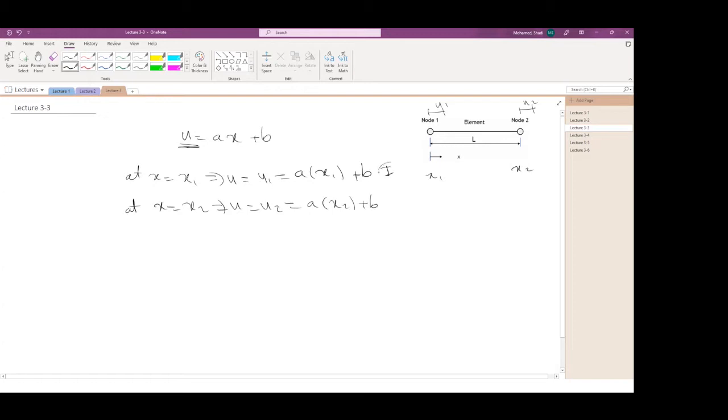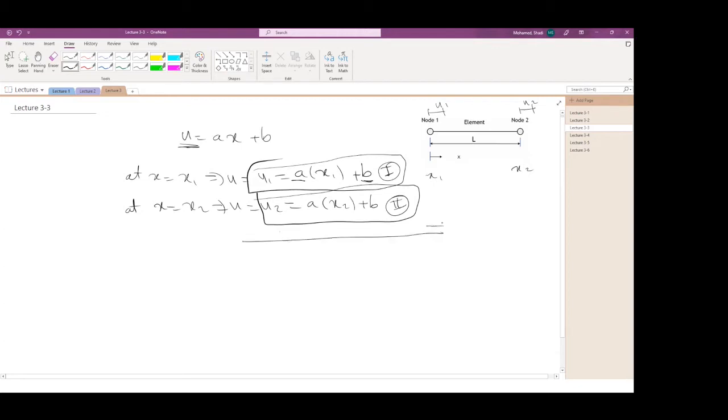I have two equations. This is the first, and this is the second. I'll put it in a box. These two equations, I need to solve them for A and B. I assume that I know U1 and U2, and I know x1 and x2. So this is what I'm looking for.